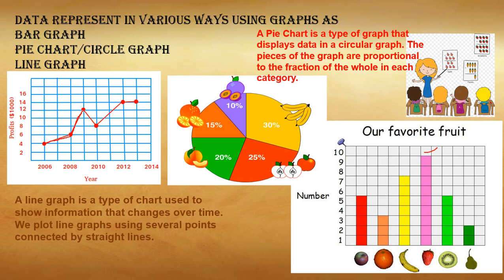It is shown by using the line graph. Here the line graph uses several points connected by straight lines, and these points show the changes in the data.